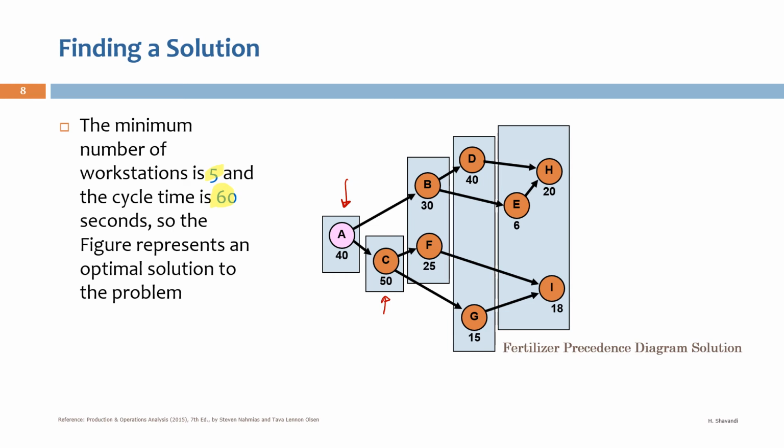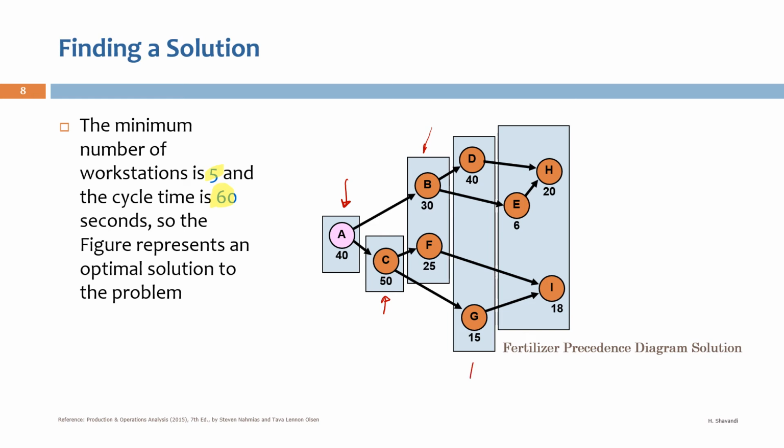So the third group can be, after doing A and C, we can go for B, F, and G, right? But as you see here, if we group B and F in one workstation, the total time becomes 55. So it's so close to 60, so it's good. So these two will be the third group.